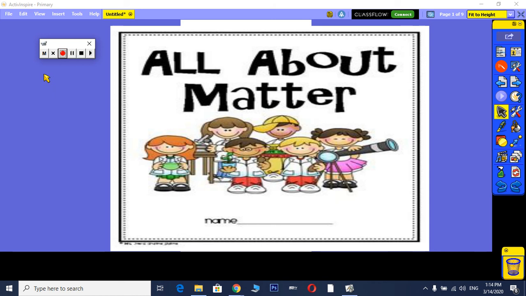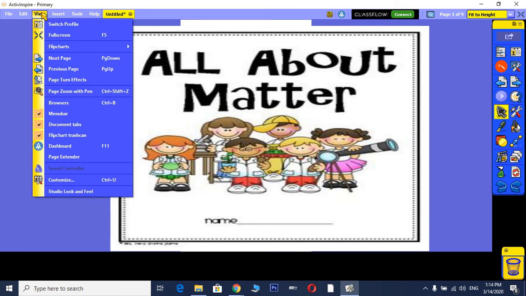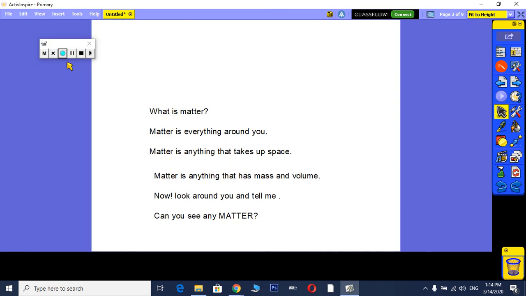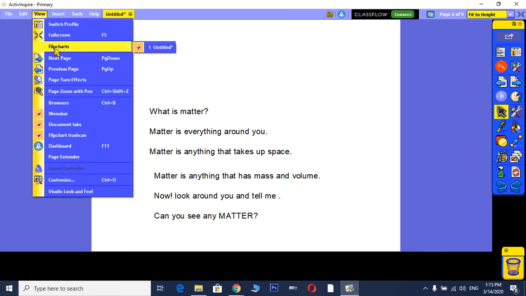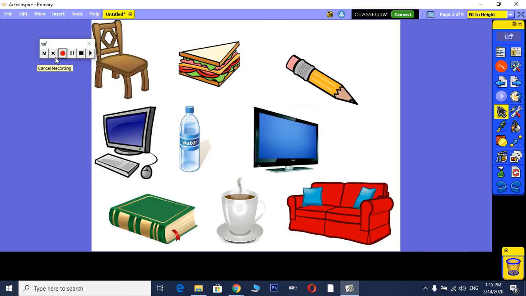Okay, we said that we are going to speak about Unit 9, which is all about matter, and we said matter is everything around us. Anything that takes space, anything that has mass and volume, and anything that is around you. Yes, anything.